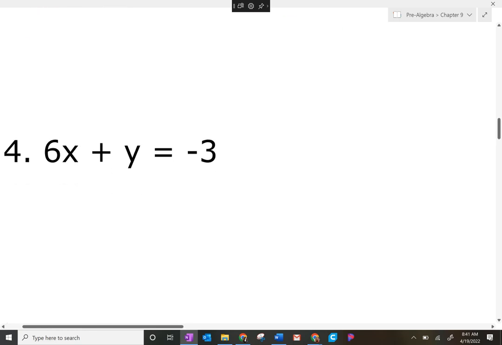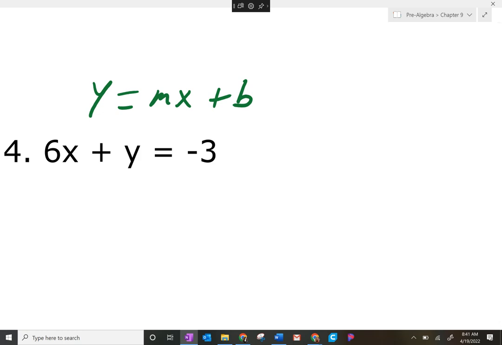Okay. We're going to do one thing before you work this one on your own. Is this set up in y equals mx plus b right now? No, it's not. Remember, y needs to be over here. Okay. What will I need to do?